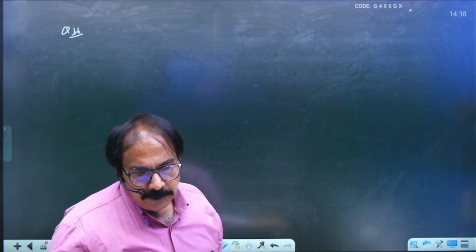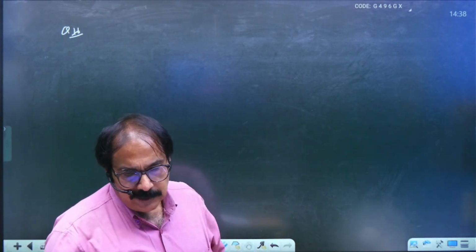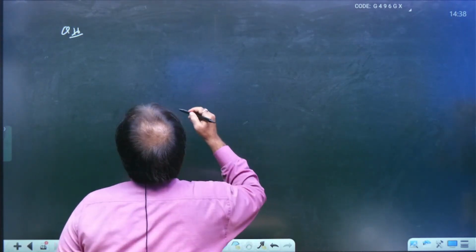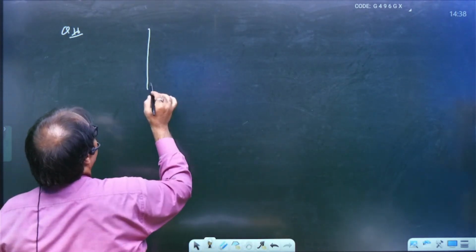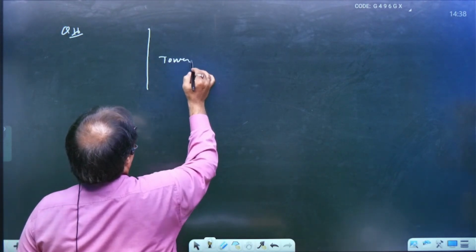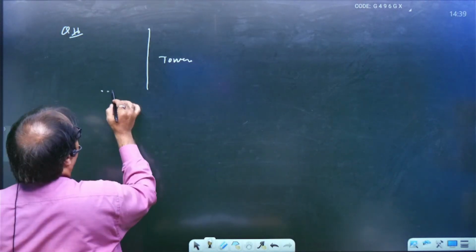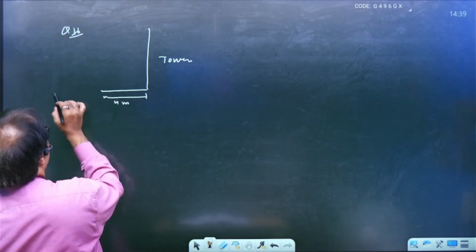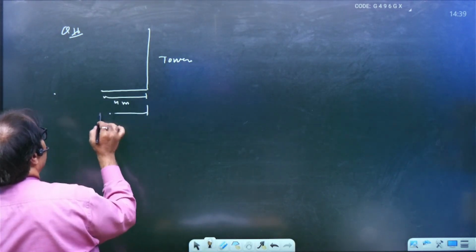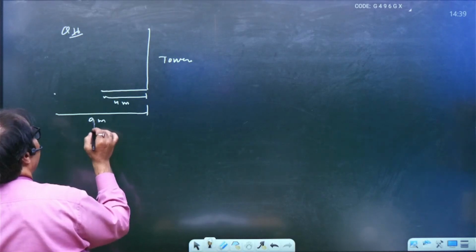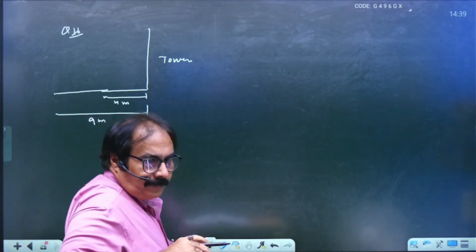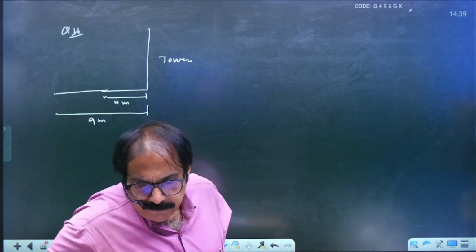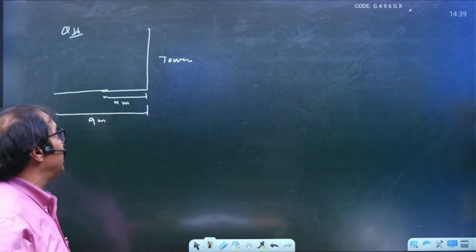Okay. So the question says the angle of elevation of the top of the tower from two points at a distance of 4 meter and 9 meter from the base. So this is the tower, and one point is from here to here, given as 4 meter, and another point from the base, this much is given as 9 meter, and in the same straight line, the angles of elevation are complementary angles.